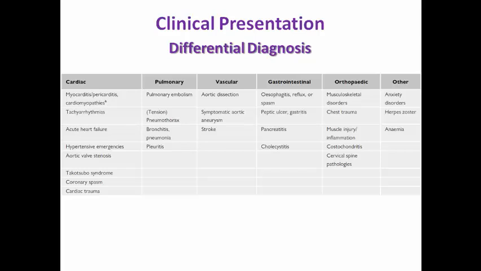There are pulmonary causes like, of course, the most important, pulmonary embolism, that may present with chest pain and sometimes even anginal pain due to the RV strain, tension pneumothorax, bronchitis, pneumonia, or pleurisy. Vascular causes like the most serious, aortic dissection: in case of chest pain radiating to the back plus or minus unequal blood pressure on both sides, you should suspect aortic dissection or symptomatic aortic aneurysm.